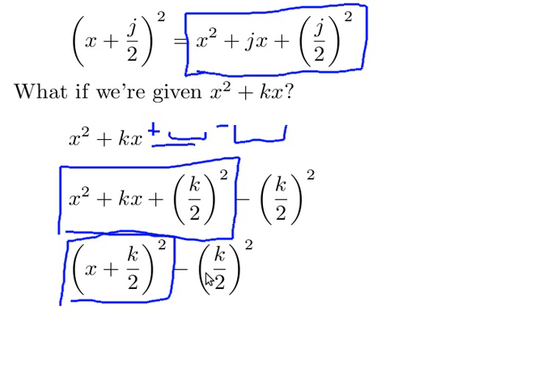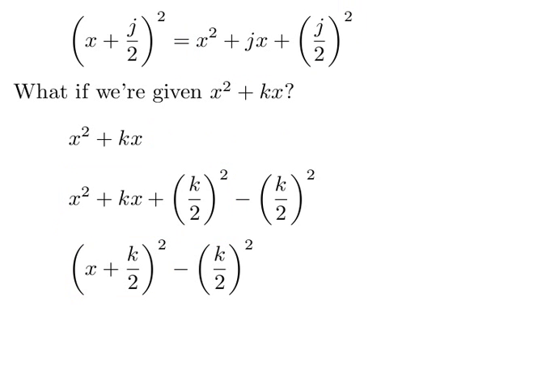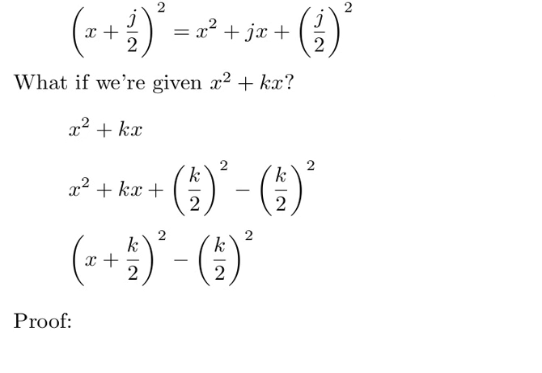In effect, you're doing the same thing: when you use the quadratic formula, you are completing the square. But it's just a lot easier to think of it in terms of the formula. Once you see the proof, you'll see why it's the same thing and why it's easier to use the quadratic formula.